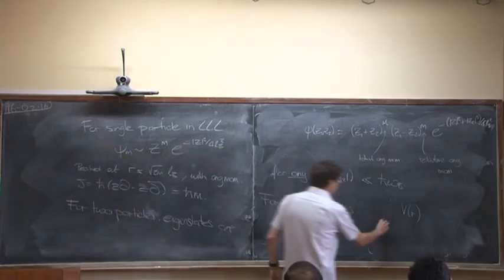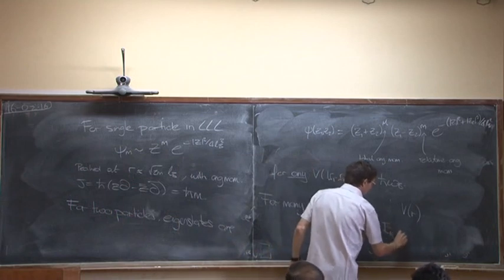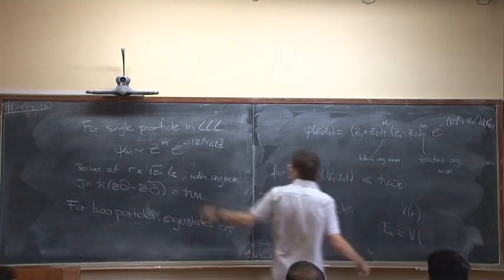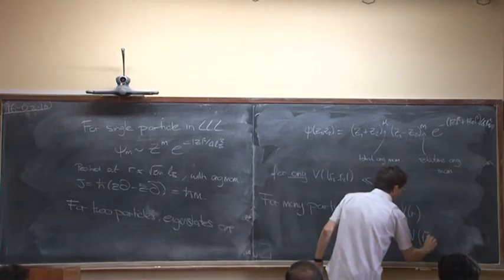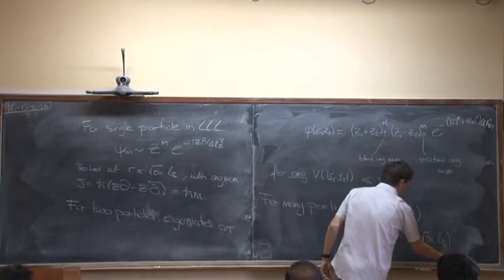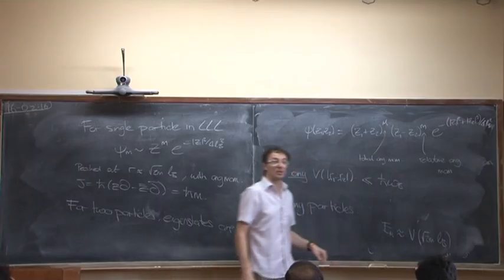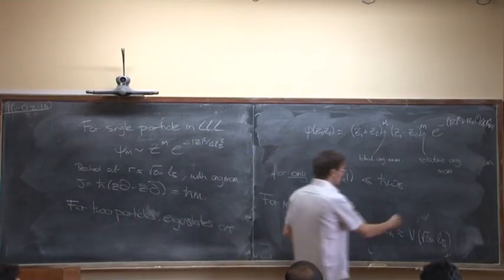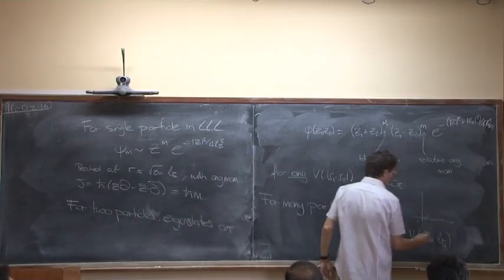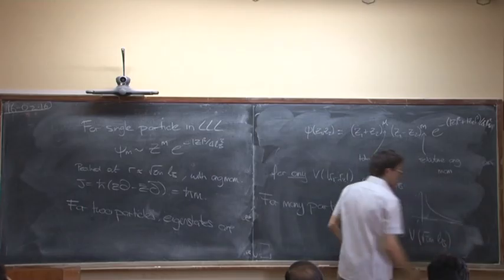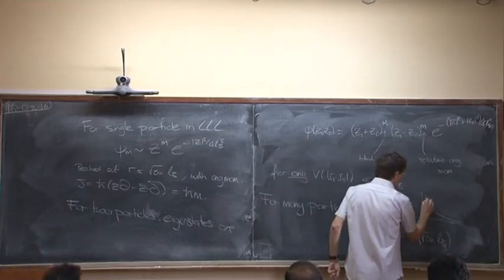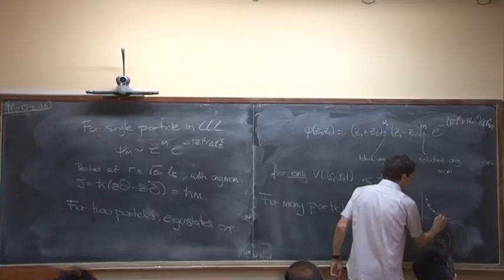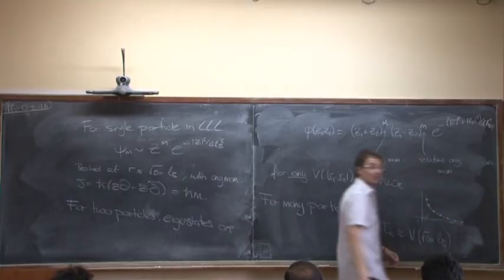So the energy Em is roughly speaking going to be V evaluated at this. Okay. So if you have a repulsive potential, let's say the Coulomb potential, it looks like this, then the energy eigenvalues are roughly going to be these.